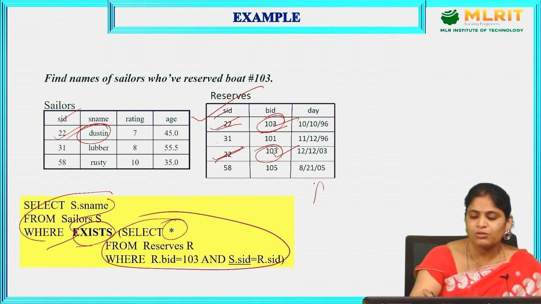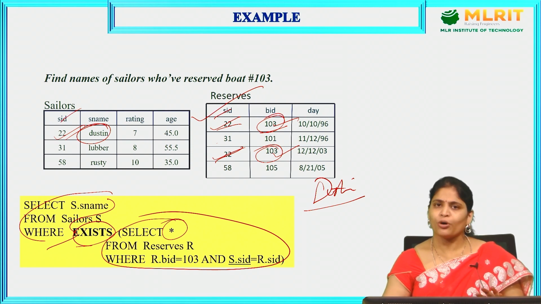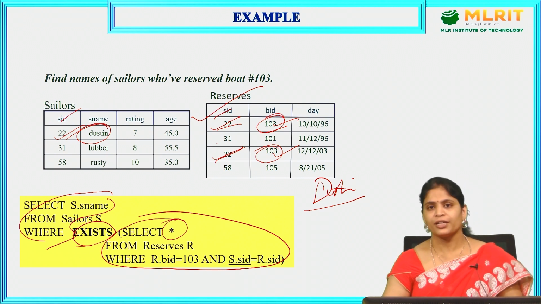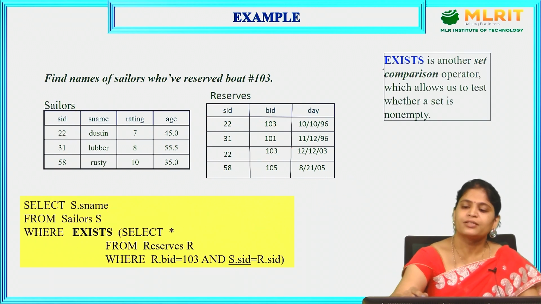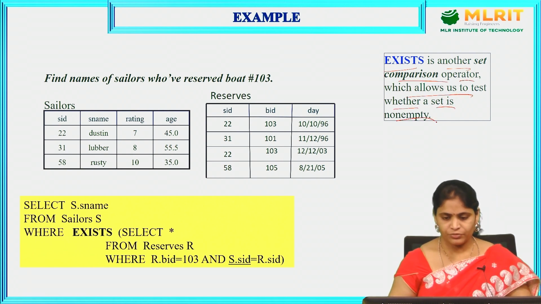Dustin. So your output will be Dustin. Clear? Till now we have discussed the operators union, intersection, IN, NOT IN, EXISTS. These are the operators used in nested queries and correlated nested queries. Here the EXISTS operator is another set comparison operator which allows us to test whether a set is non-empty or not. Thank you.